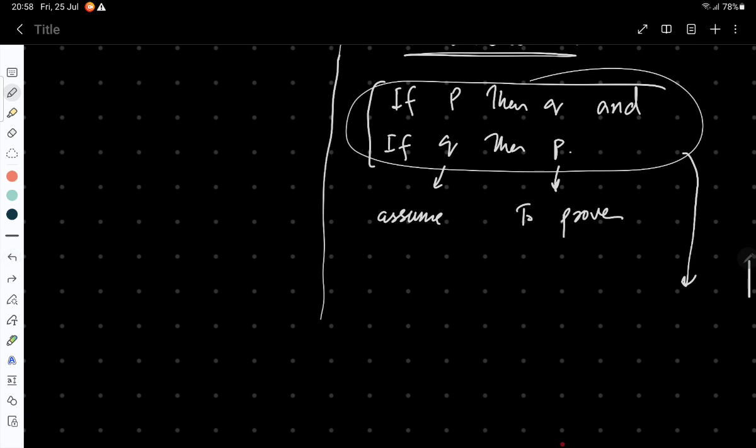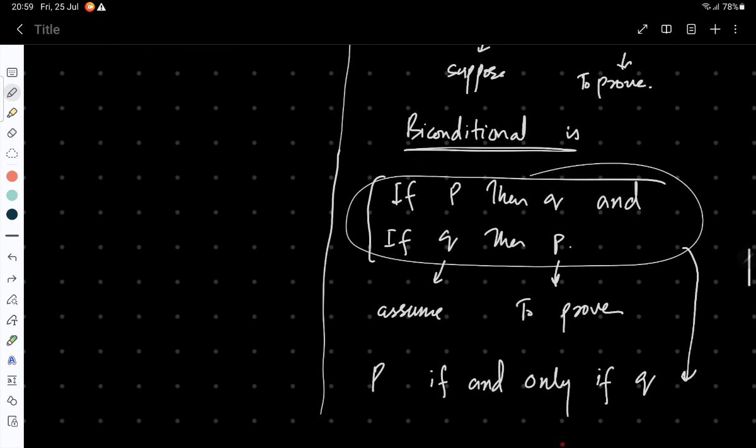Such statements can be represented mathematically in this way: P if and only if Q. Whenever I write P if and only if Q, that means this is a biconditional statement. What does that mean? If P, then Q, and if Q, then P.